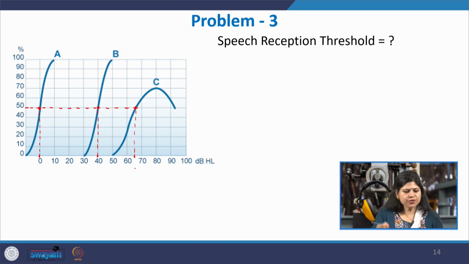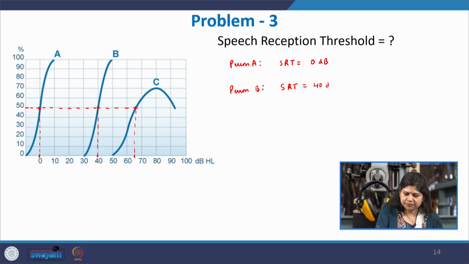Okay. So, what you see is that for the normal curve, the person A, the SRT is coming out at 0 dB. For the person B, the SRT is coming out at 40 dB, and for the person C, the SRT is coming out at 65 dB.